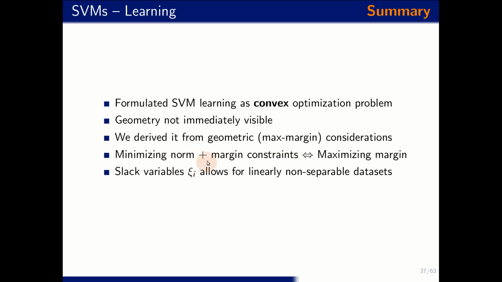It pops up not only in support vector machines but often in machine learning literature, so you will be able to recognize it from now on. Finally, we introduced slack variables, which allowed us to relax the margin constraints, and therefore we can now apply support vector machines with soft margin to arbitrary data sets, also those which are not linearly separable.